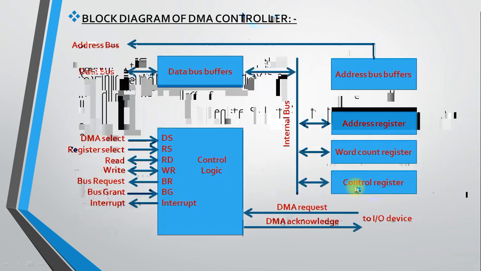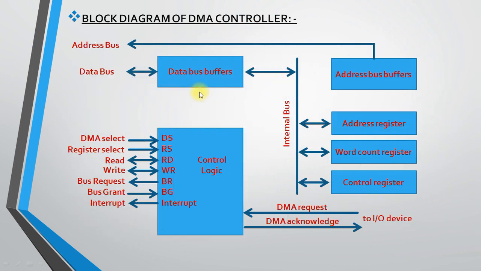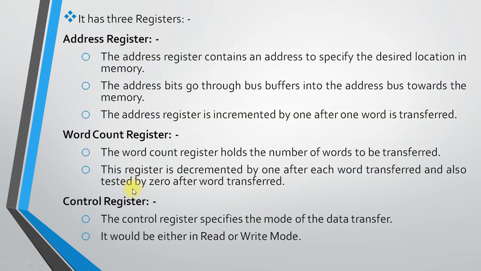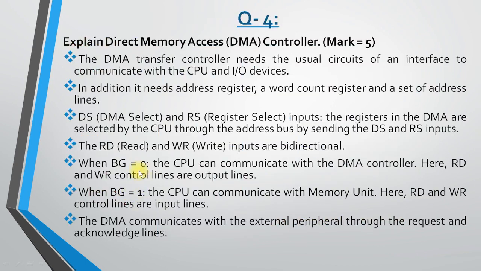So when you want to provide the grant, based on either 0 or 1: when BG is set to 0, the CPU can communicate with DMA, and the CPU can communicate with memory if BG equals 1.